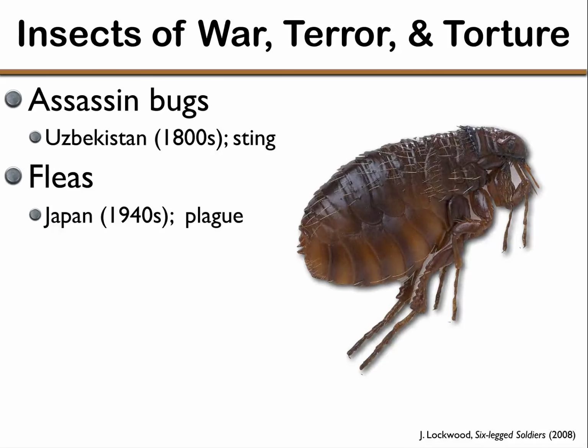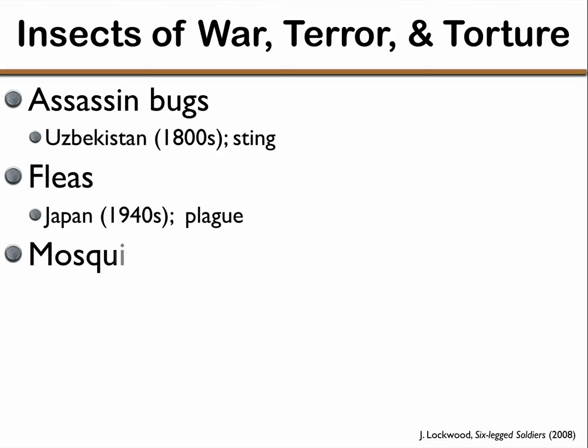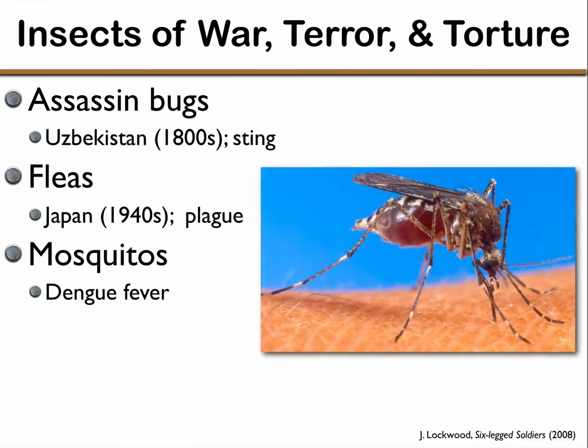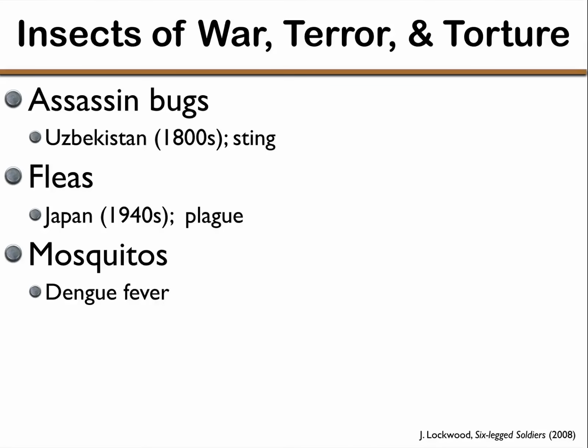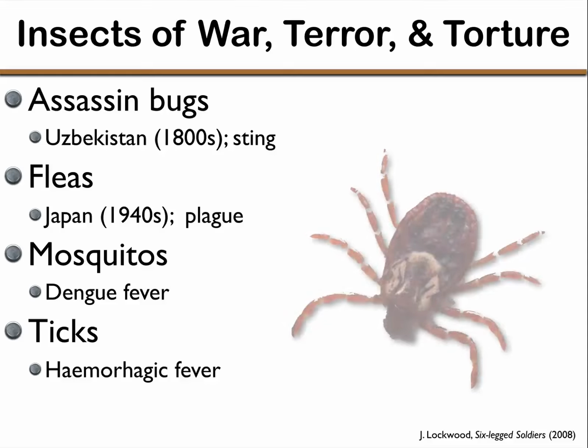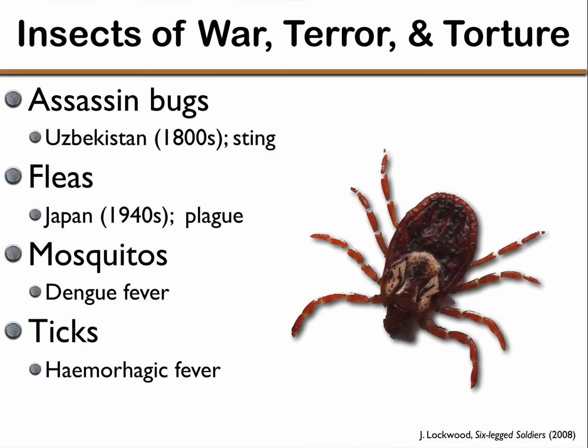And fleas were released by Japan in the Second World War. I'm not exactly sure where, but in some enemy territory, for Japan at least, because they carry plague. And then other instances where mosquitoes were released that carry dengue fever. And what else do we have here? Ticks that carry hemorrhagic fever, even worse. So these documented cases of insects being released during times of war.